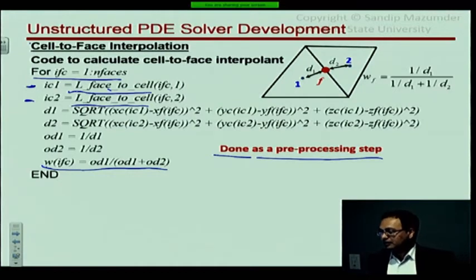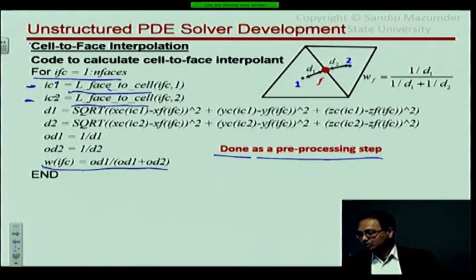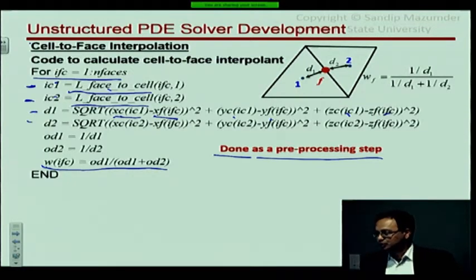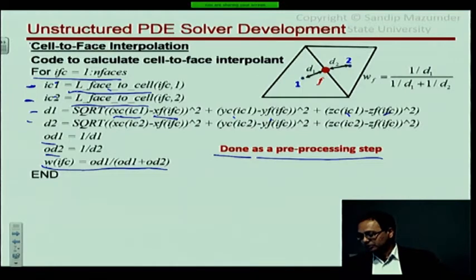From those indices you can get the cell center coordinates x, y, z, and then you also have the face centers x, y, z. So we're simply calculating d1 and d2, two distances. Then OD1 and OD2 are just the inverses, and then this is your weight function. So this is the weight function at a face.